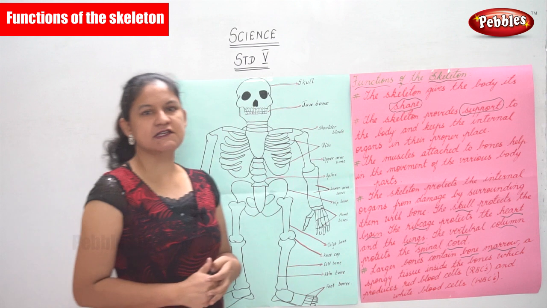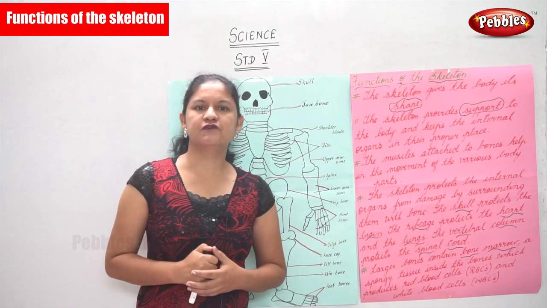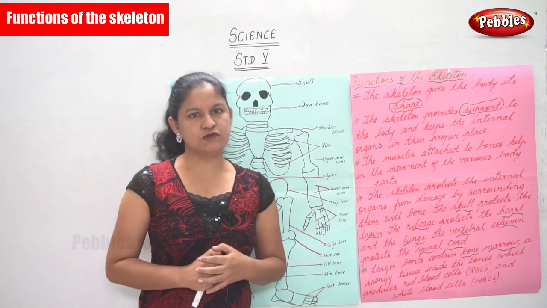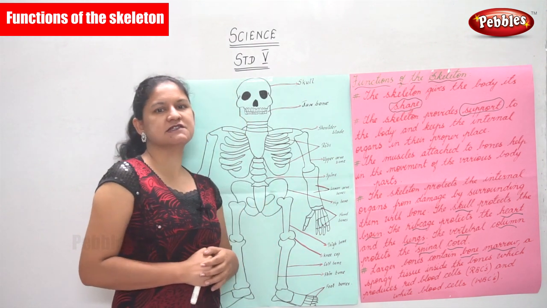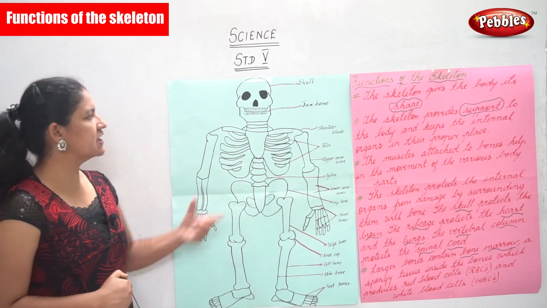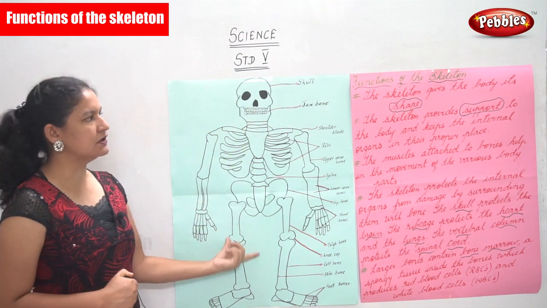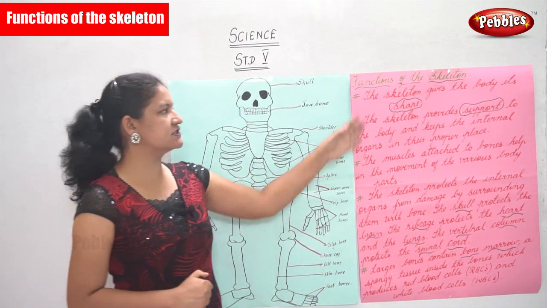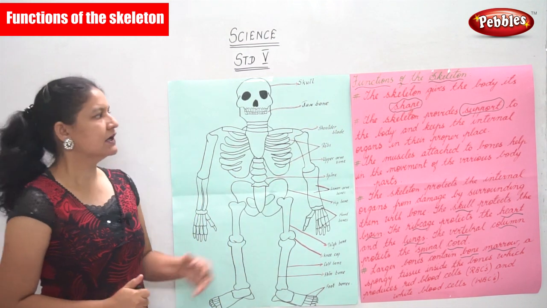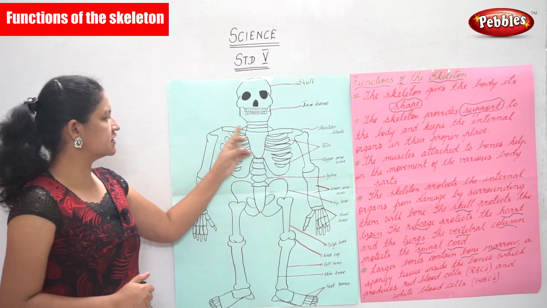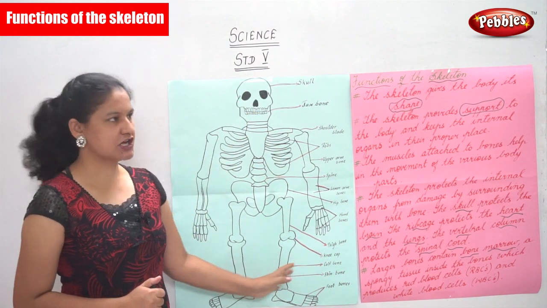The skeleton is nothing but a framework of bones in our body, and it is the skeleton that gives shape to the body. So if we see the first function of the skeleton, it says that the skeleton gives the body its shape.